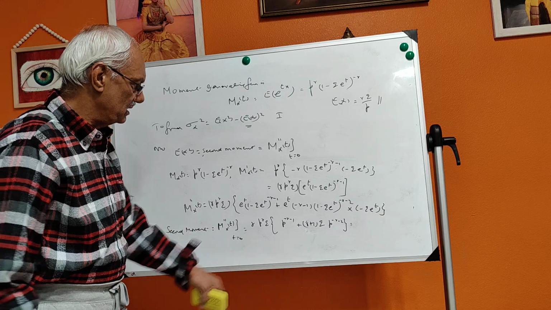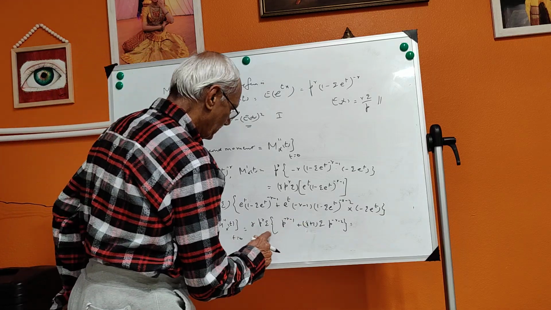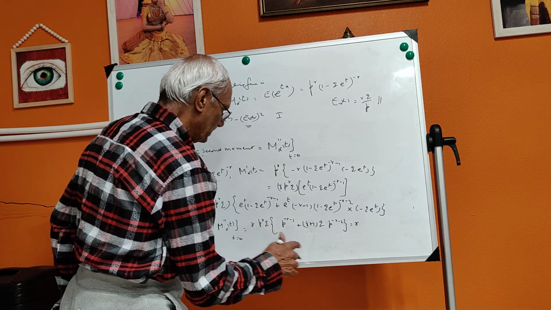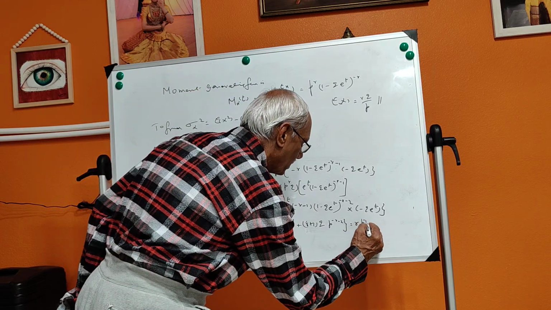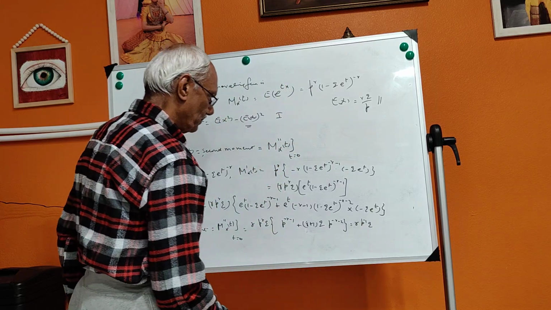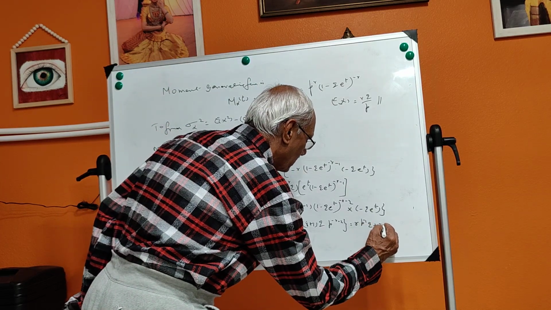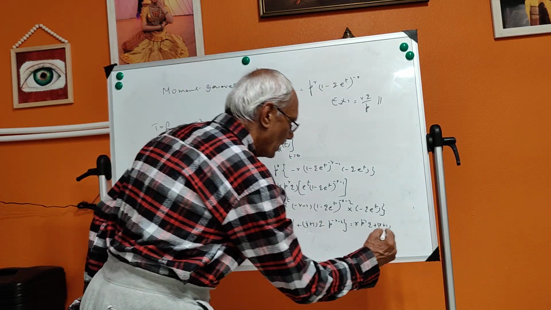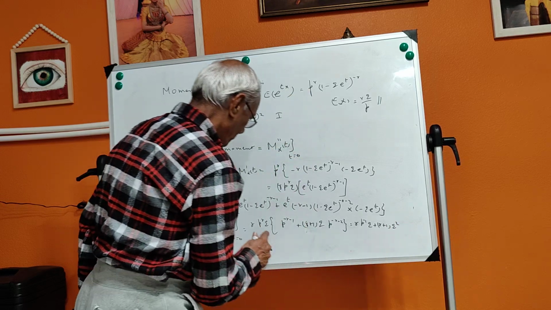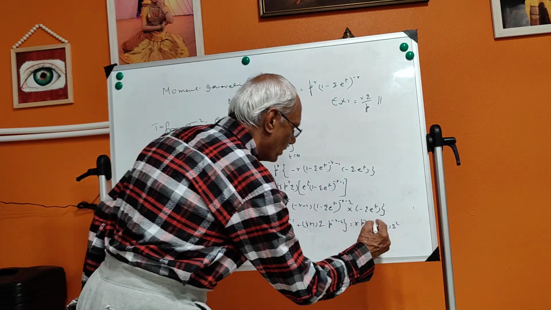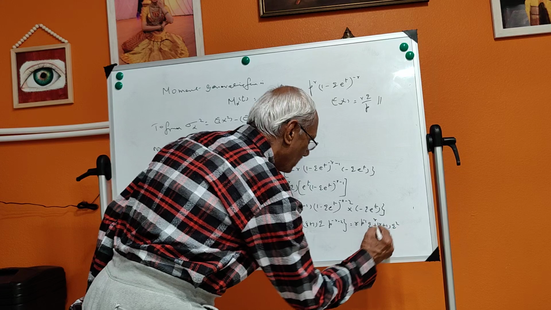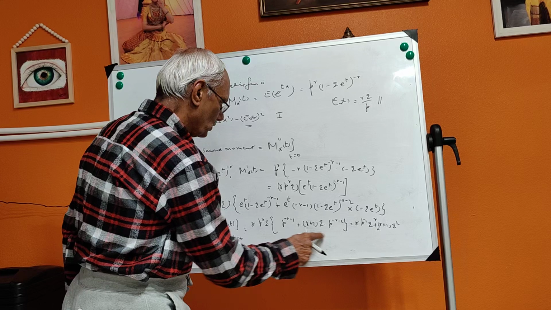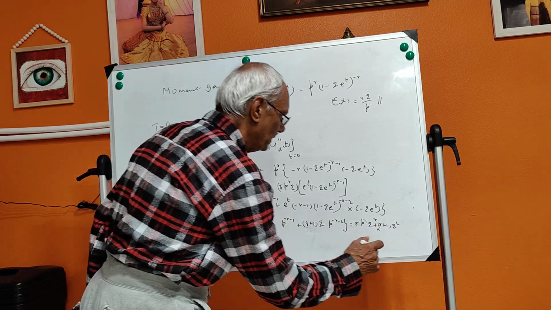Now you take this inside, so what do you get here? r, this is p to the power of minus r, so p to the power of minus 1, and q, plus r into r plus 1 into q squared, p to the power of minus 2.